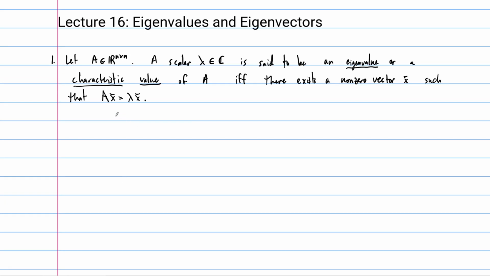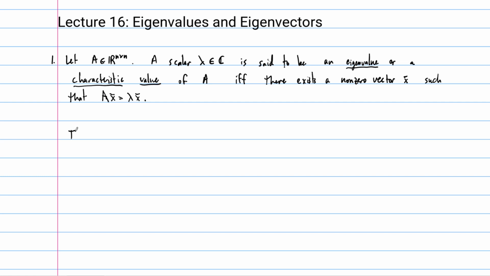So in other words, the idea here is that if there's a non-zero vector such that multiplying the vector by the matrix, A times x, is the same as multiplying that vector by a number, lambda times x, then the number is called an eigenvalue.